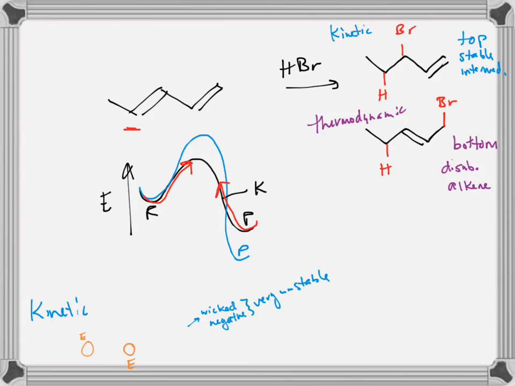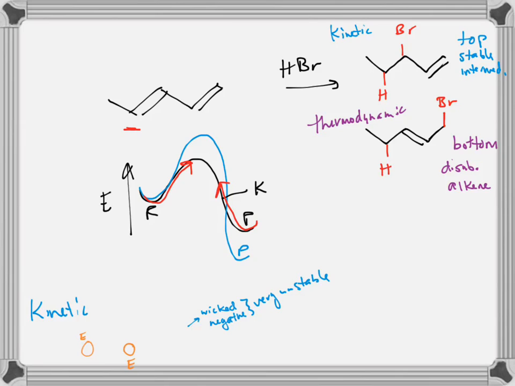So the thermodynamic is now only favored one direction. So if I provide enough energy, yes, I clear the activation barrier for both. So both products are possible, but only one can do the reverse reaction. All right, so if I add a lot of energy, I get the thermodynamic product because the kinetic reverses its direction and I lose the kinetic product. Kind of makes sense?